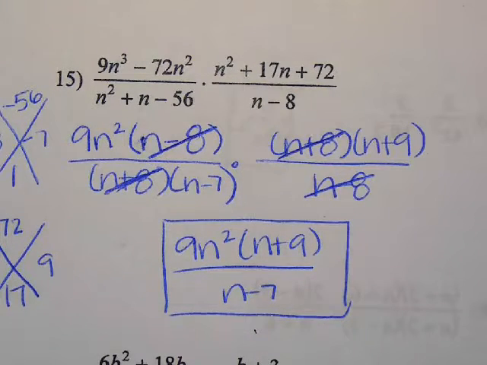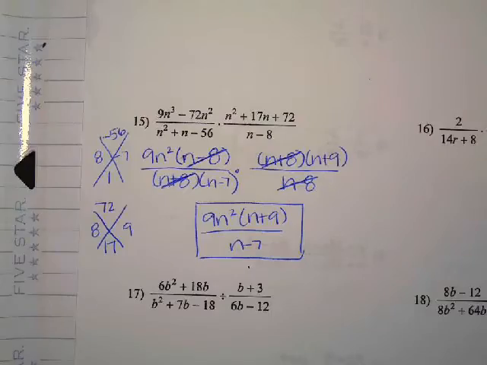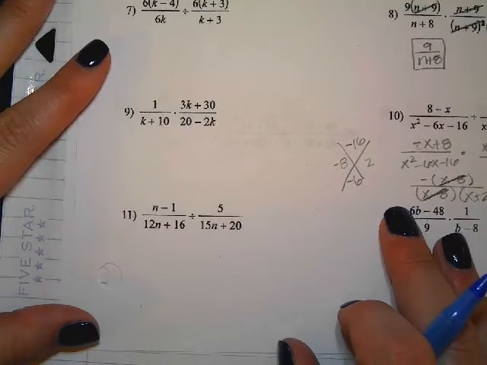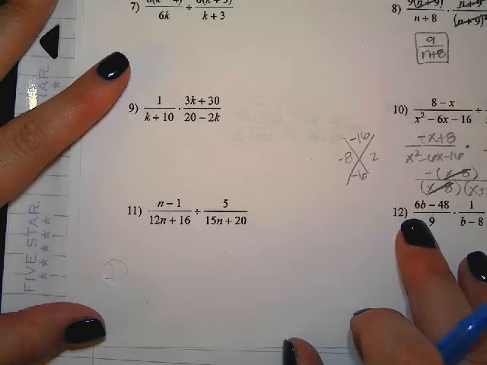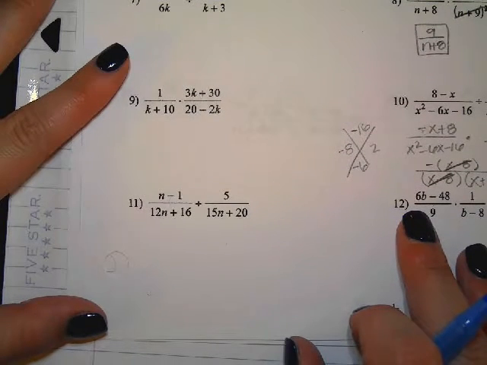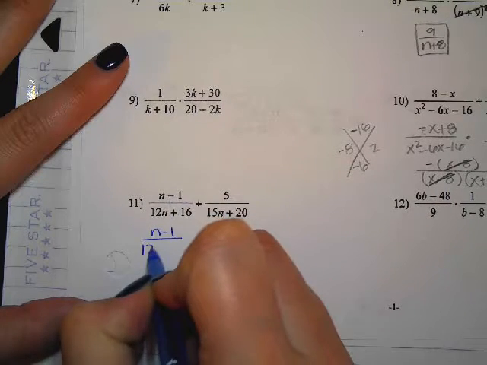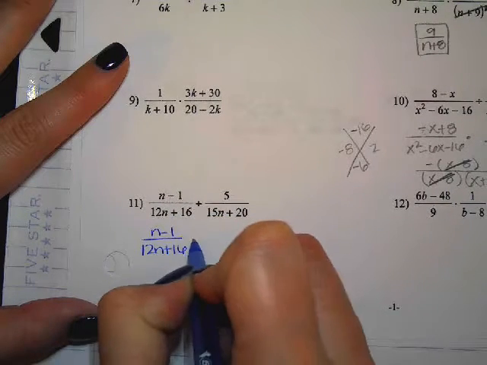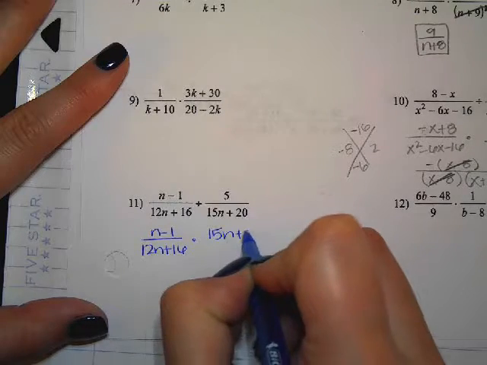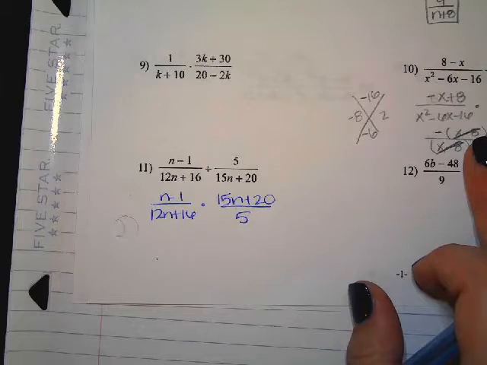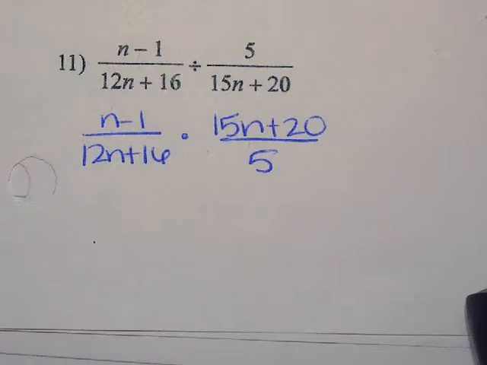Is there another problem we should do? Yeah. So 11 is a division problem, so what does that mean? Keep it, change it, flip it before you do anything else. And then what type of factoring is number 11?